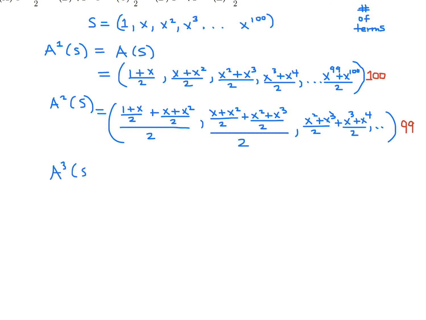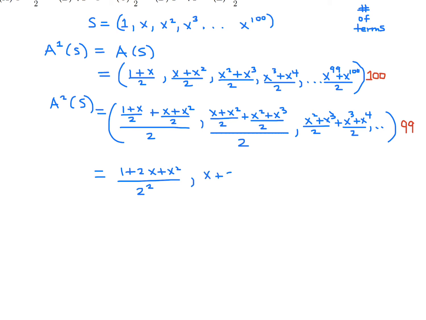I think by now you're getting a little bit of the hang of it. So now, we have to add these. But before I put in A3, I'd like to simplify this a little bit because this is kind of messy. This is going to be 1 plus 2x plus x squared, and that's all over 2, which is all over 2. So it's actually all over 2 squared.